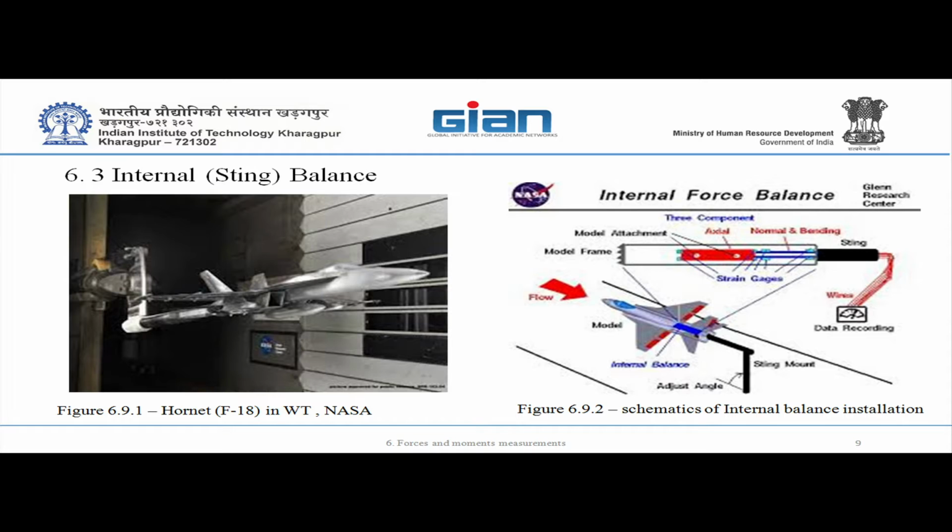Now, internal balance calibration. Usually the recommendations are for more matrices, more complicated. In the example I was looking at, they were dealing with only 5 components instead of 6, and they were calibrating with the dead weight method.